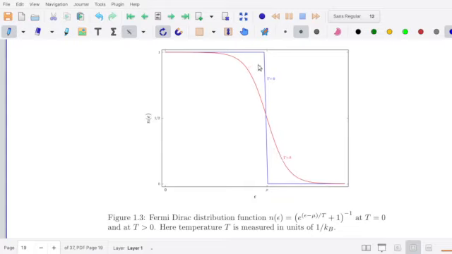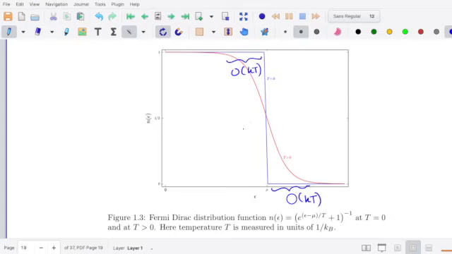So that means the occupancy of some levels with energies less than epsilon F is going to be less than 1, and the occupancy of some levels with energy greater than epsilon F is going to be greater than 0 as well. Now the energy width over which this happens is of the order of kT, and similarly over here this is also of the order of kT.